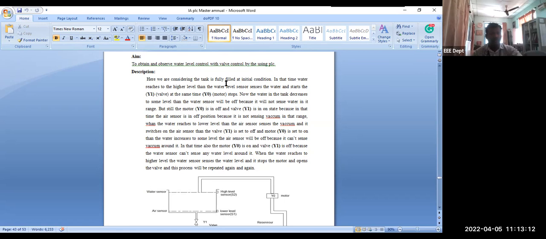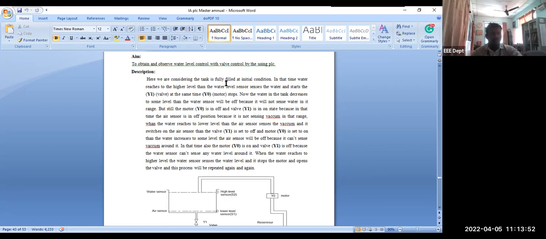At that time, the water reaches the higher level, the water level sensor senses the water and starts the Y1 valve, and at the same time the motor stops. Then the water in the tank decreases to some level and the water sensor turns off because it no longer senses water in its range, but the motor Y0 is still off and valve Y1 is on, because the air sensor is off since it is not sensing vacuum in that range.